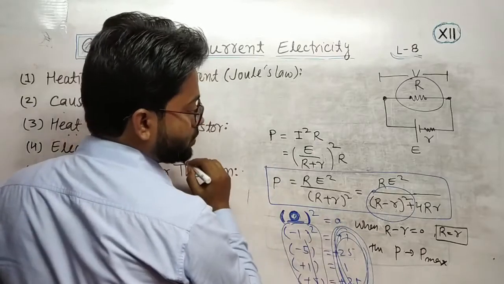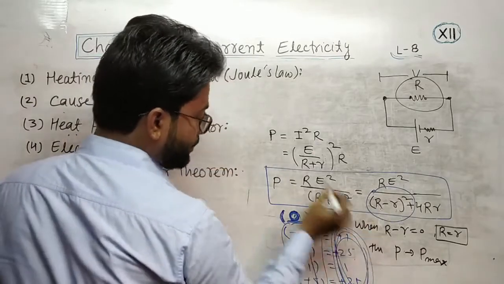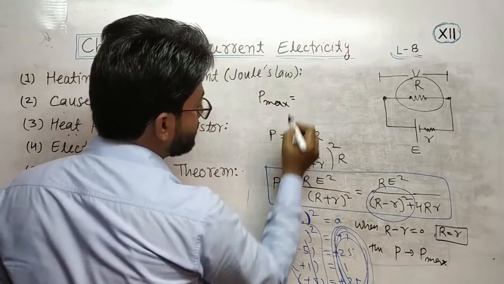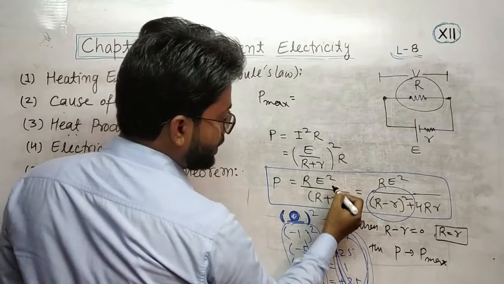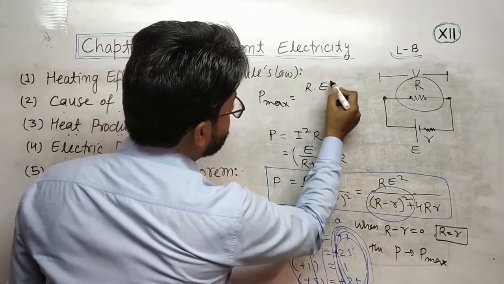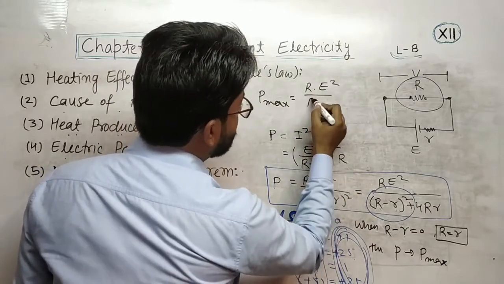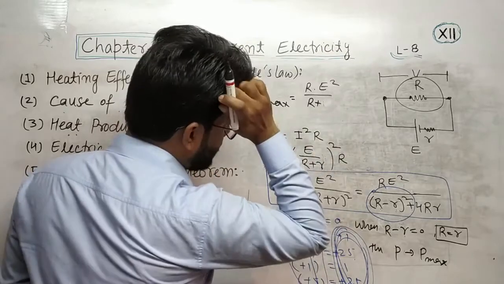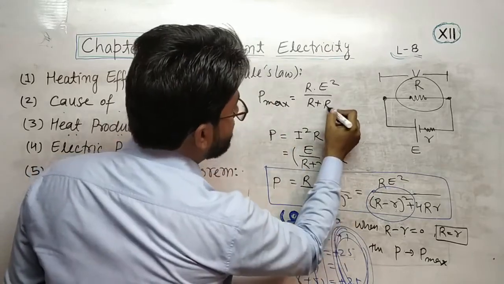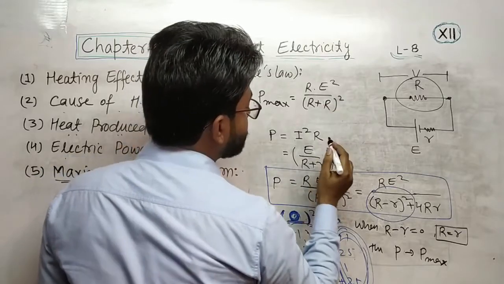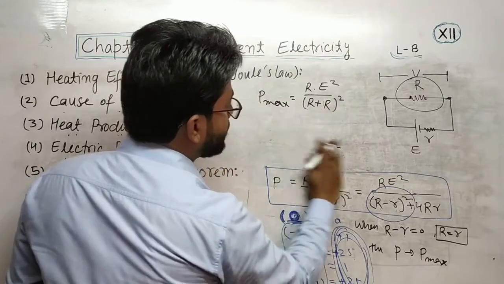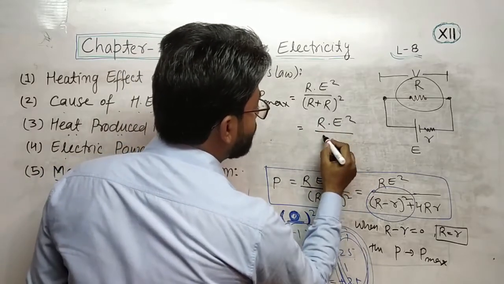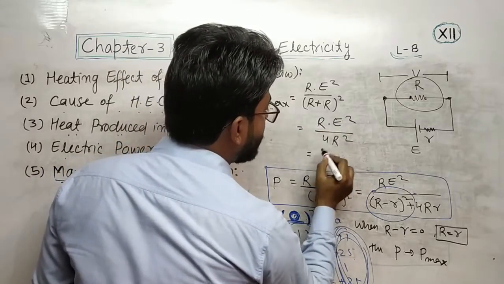Maximum power will be equals to E square R upon R plus, in place of r, you can write R, whole square. Finally you can write E square R upon 4R square.